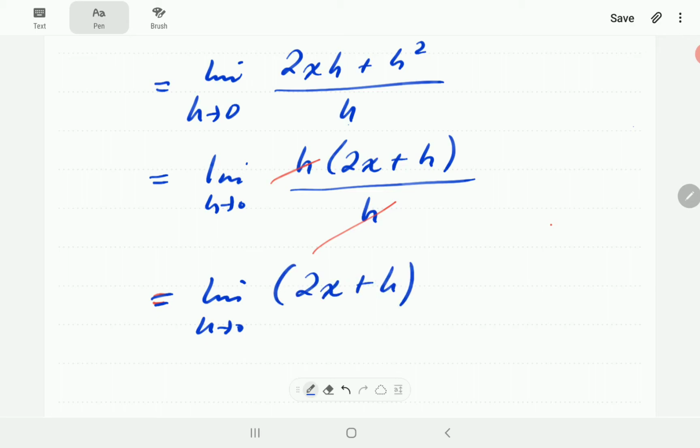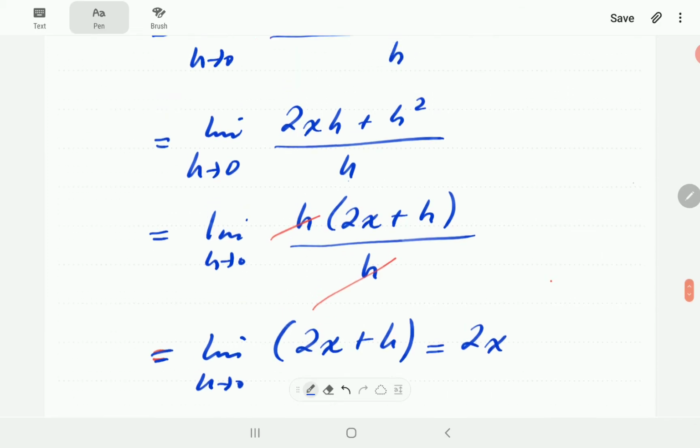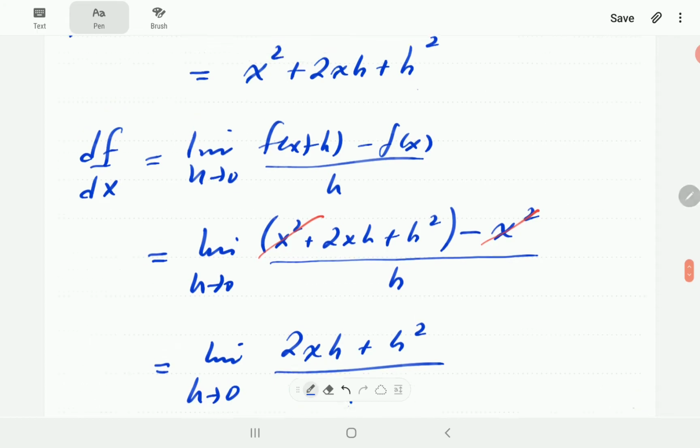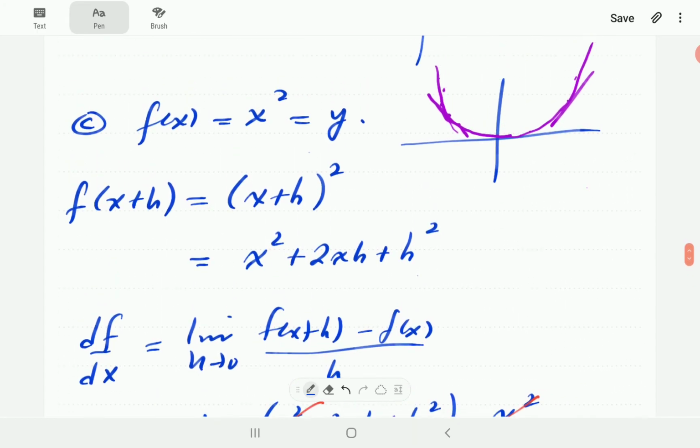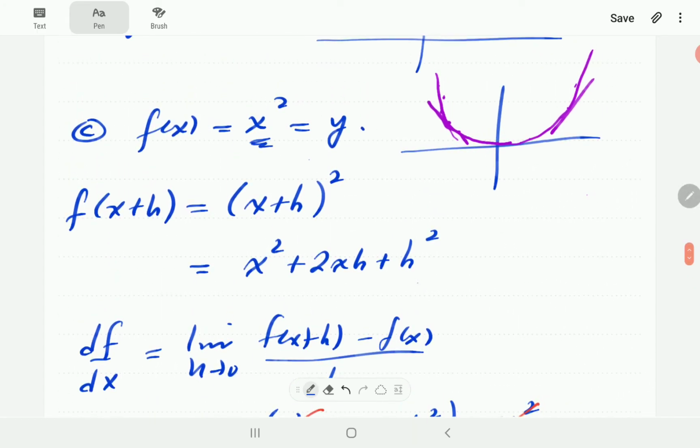At this point, after cancelling out the common factor, we plug in h is 0, so this is going to be 2x plus 0, which means the derivative of x squared is 2x, right?